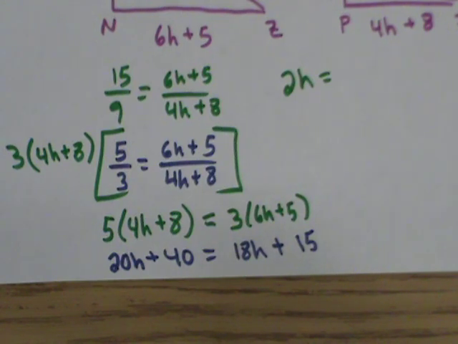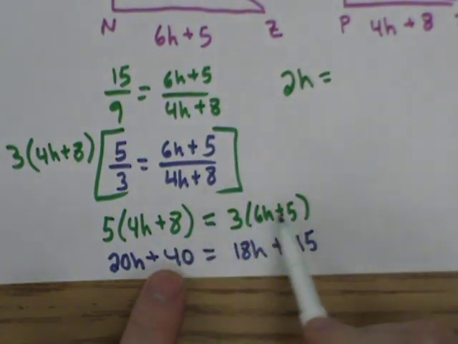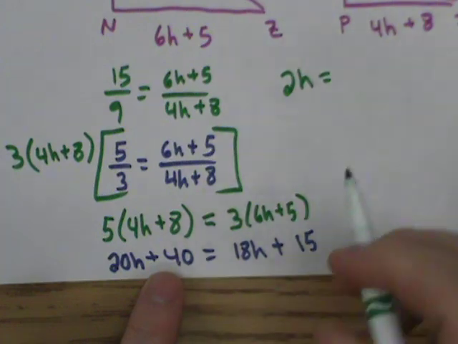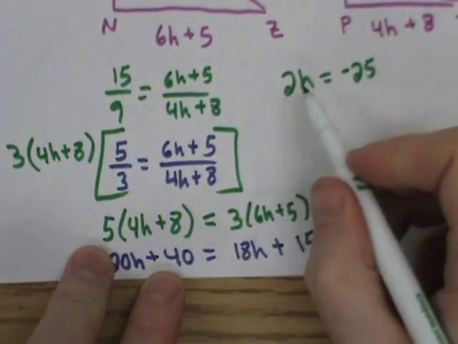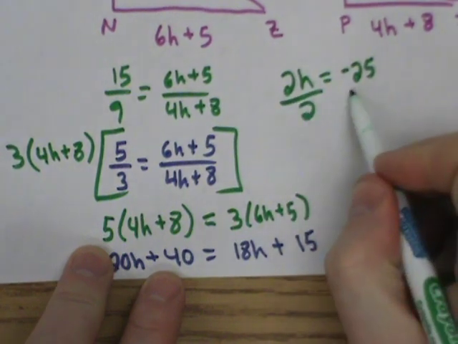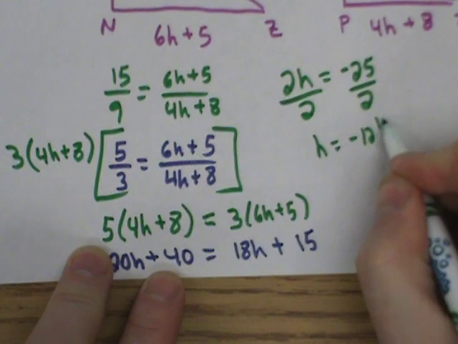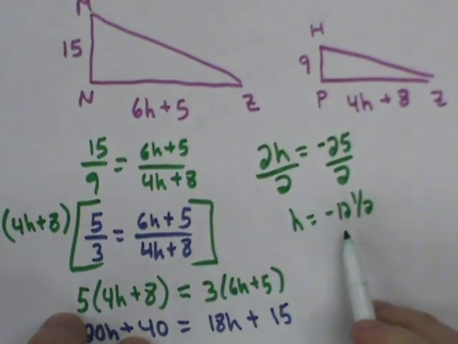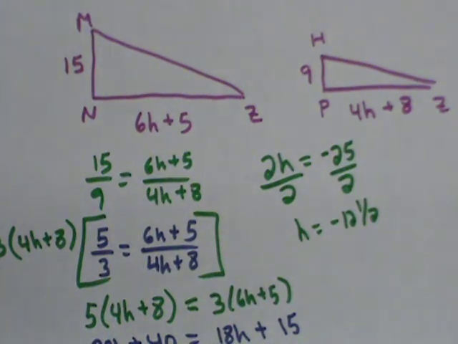I will not have any crazy answers on the test in the sense that this doesn't really make any sense. What I'm saying is when I take that 40 over, 15 take away 40 is negative 25. That means that h is going to be a negative value. When I divide by 2, h is negative 12 and a half. That's going to be problematic. When I plug this back in here, that's going to give me a distance that is negative.